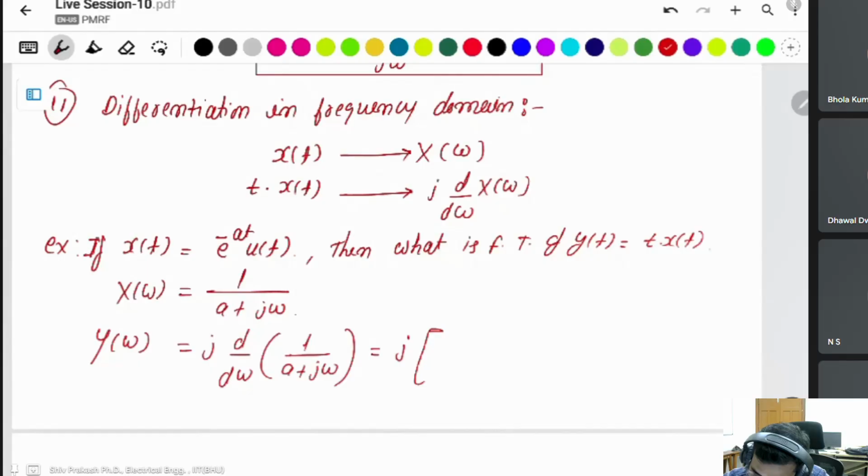Differentiation of this one: denominator into differentiation of the numerator, 1, will be 0, minus numerator 1 into differentiation of the denominator, that is differentiation of omega with respect to omega equal to 1, constant will be j here, divided by (a plus j omega) whole square.